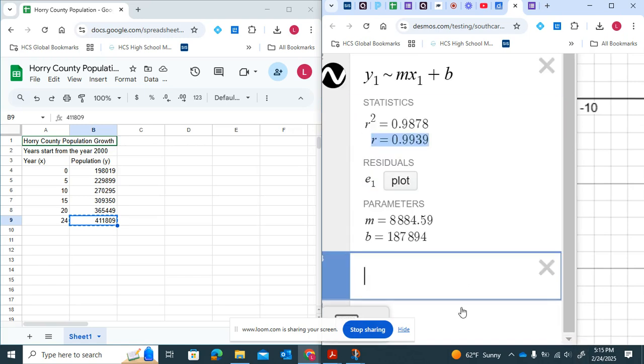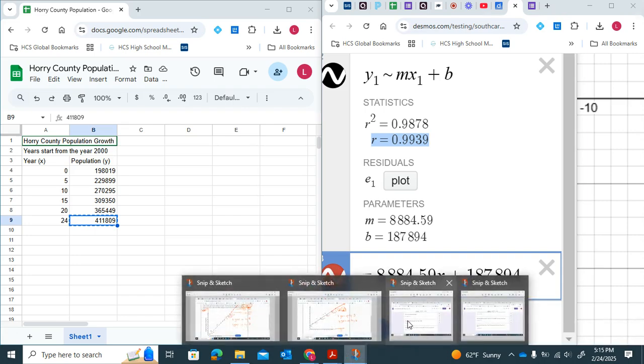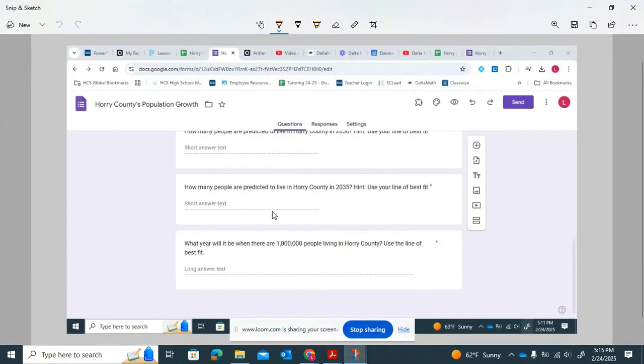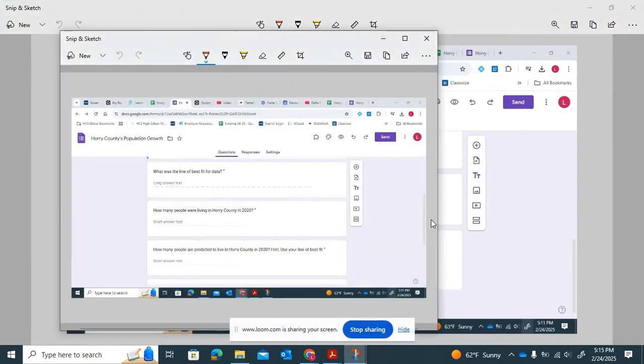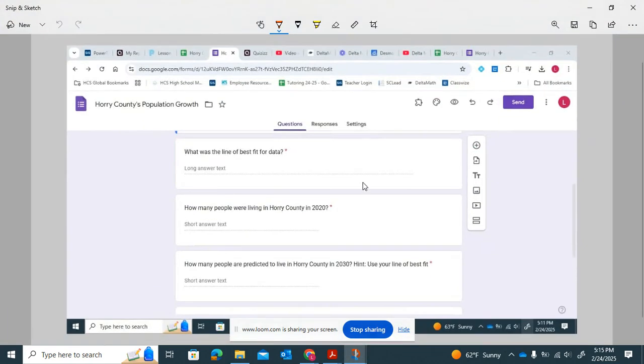That's beside the point. The first question, I believe, is what is the line of best fit? If we round this to 2 decimal places, it would be y equals 8884.59x plus 187,894. That would be my line of best fit. The question says, what is the line of best fit for the data?